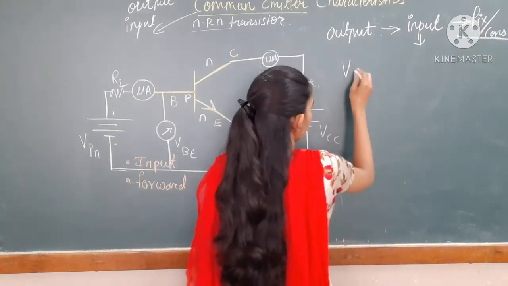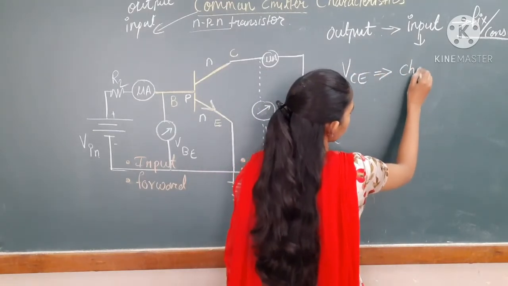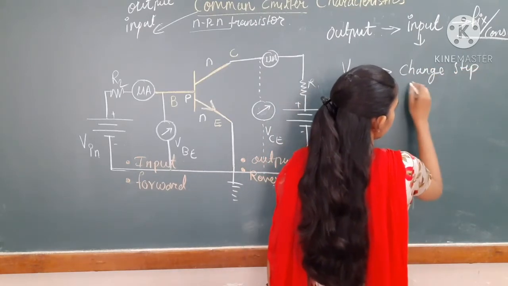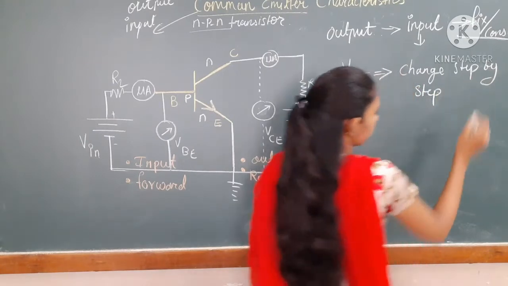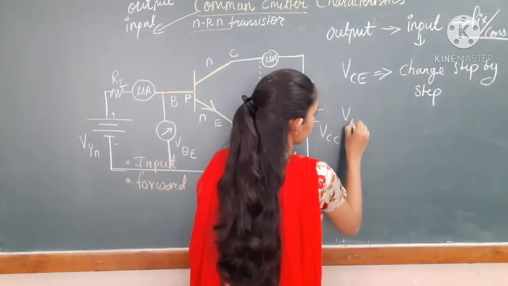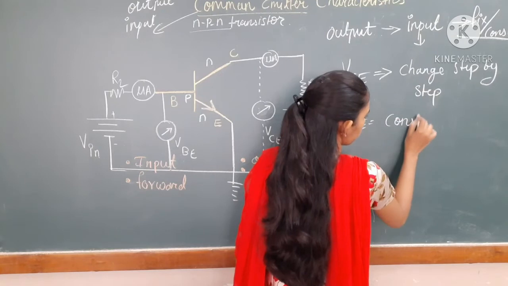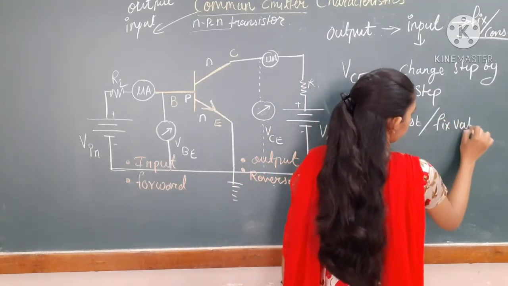That is, VCE you are going to change step by step. Okay, so you are changing it step by step, and VBE is to be constant or at a fixed value.